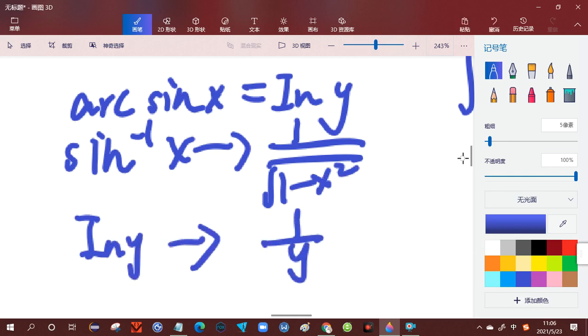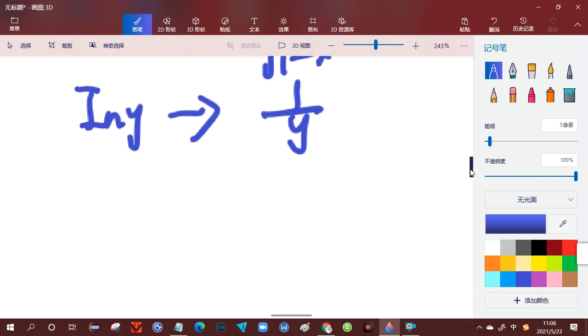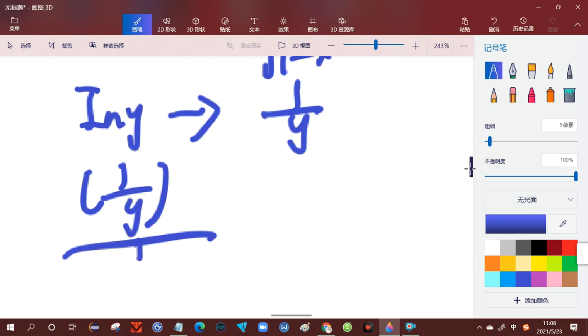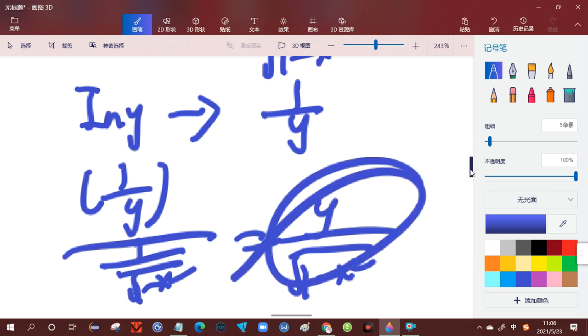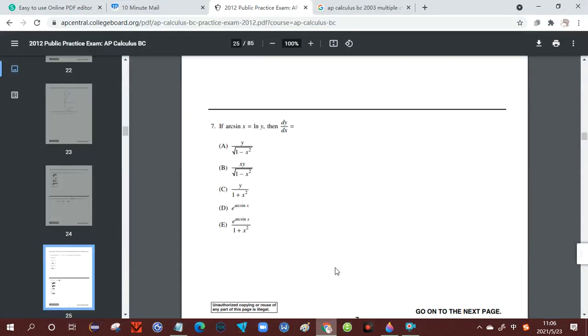So therefore, dy over dx is equal to 1 over square root of 1 minus x squared, divided by 1 over y. So it's equal to y divided by the square root of 1 minus x squared. So this is the answer for problem 7.